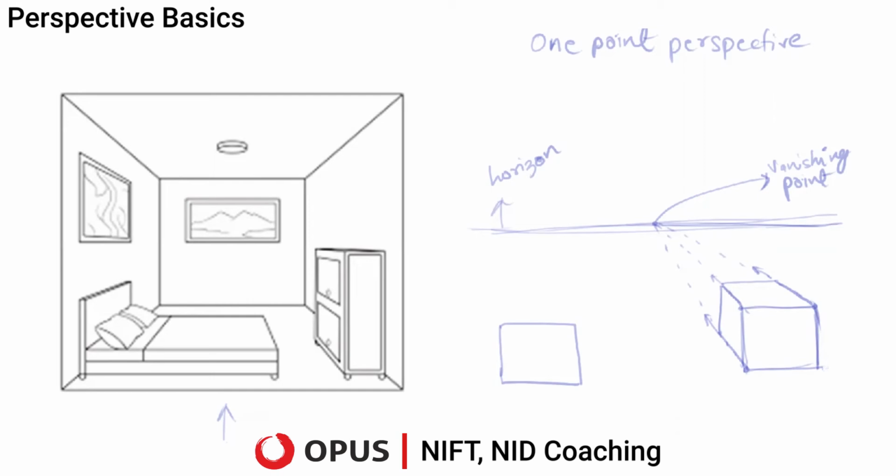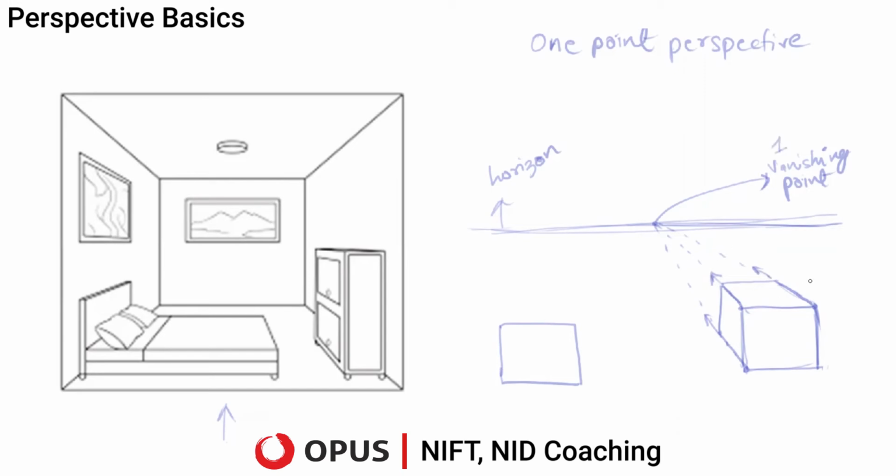The reason why this is called one point perspective is because all these slanting edges appear to go and meet at only one vanishing point. Okay, only one. That's why it is called one point perspective.